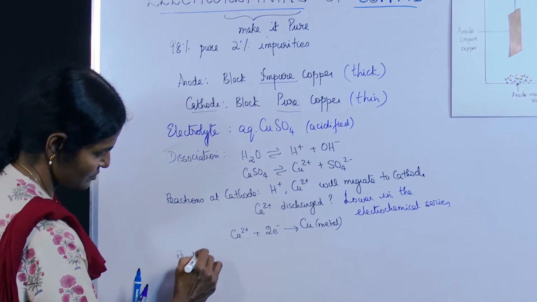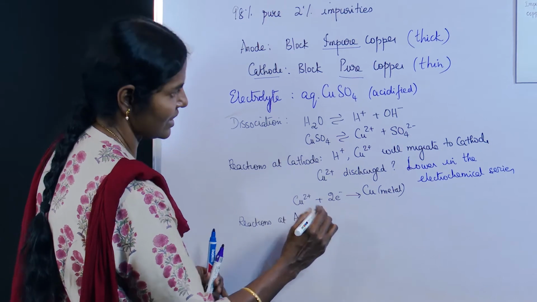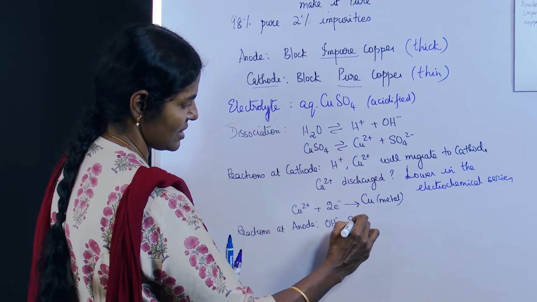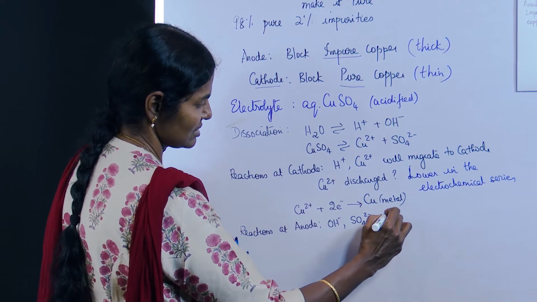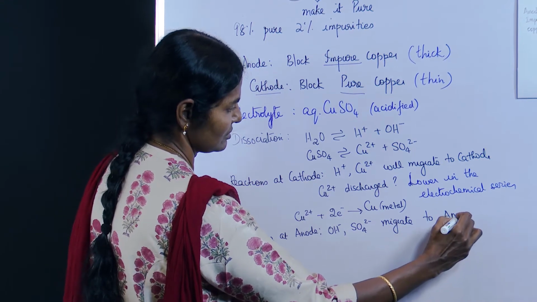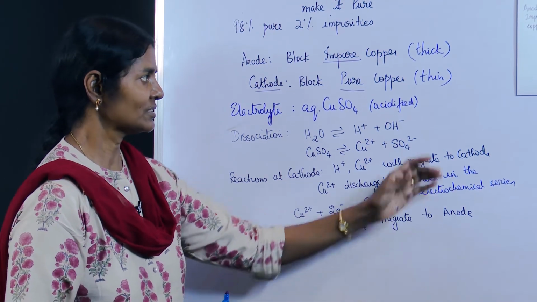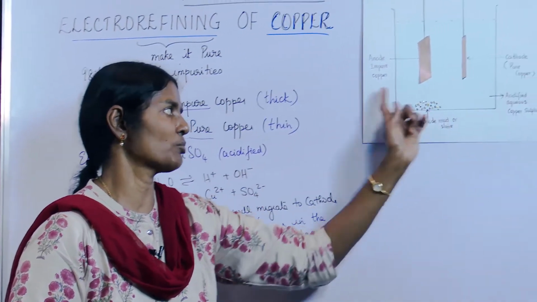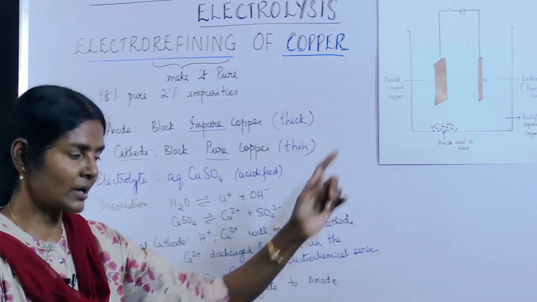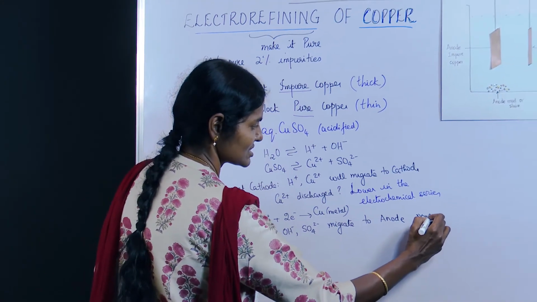Reactions at anode. What happens at the anode? You have 2 ions, OH minus and sulfate ions, migrating to anode. Do you think they will be discharged? We must also remember that the electrodes are made of copper. Copper is an active electrode, so none will be discharged.